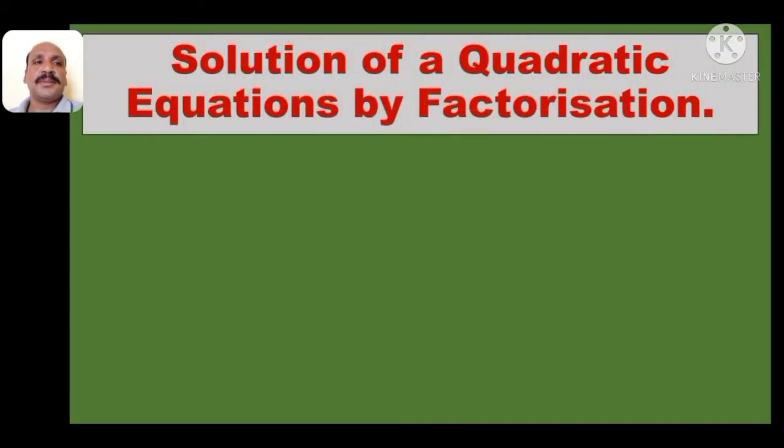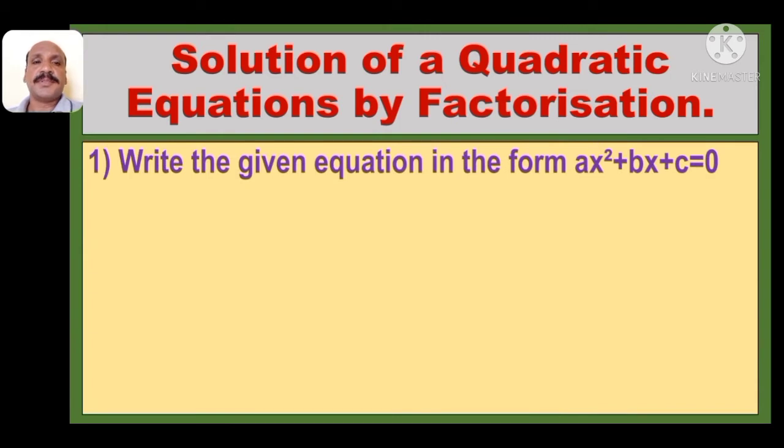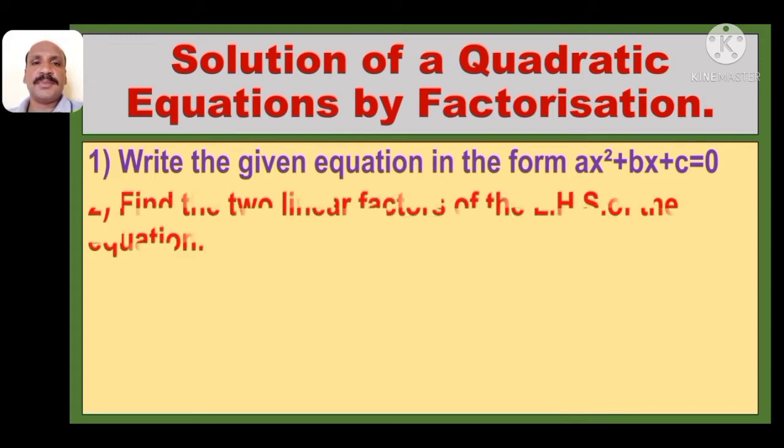Now we discuss the solution of a quadratic equation by factorization method. There are some steps. First, write the given equation in the form ax square plus bx plus c is equal to 0.